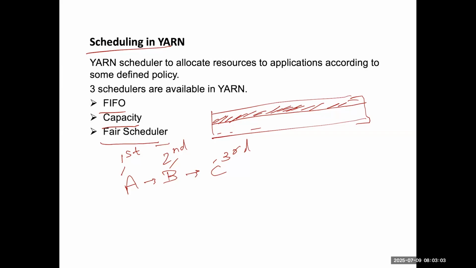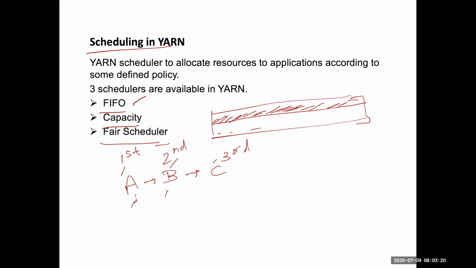So in FIFO, what was happening? We were assigning all the resources to the first job, then when it completed, to the second job, then to the third job.